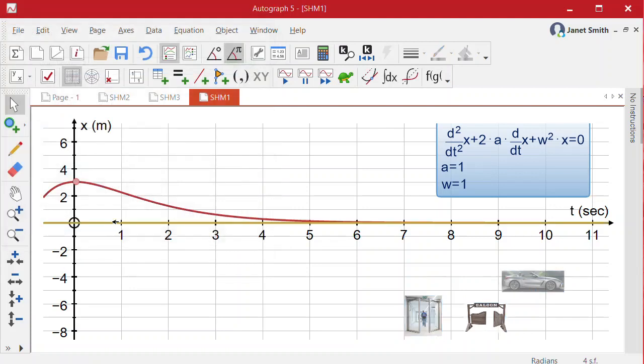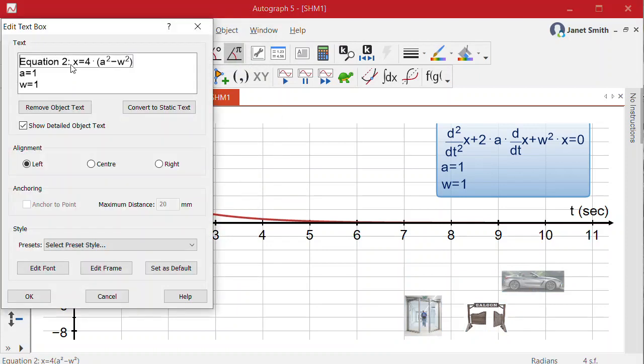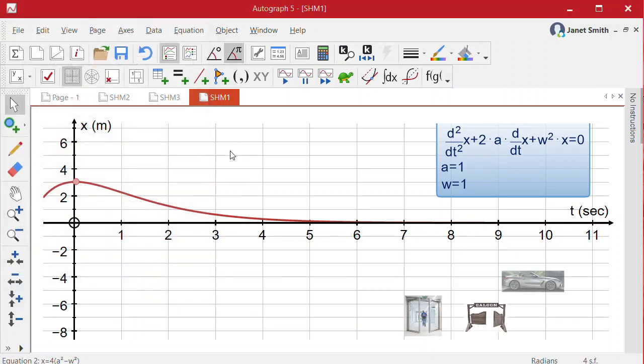Then I'm using the text box to display that one as well, so I can change that to discriminant rather than equation 2, and then OK.